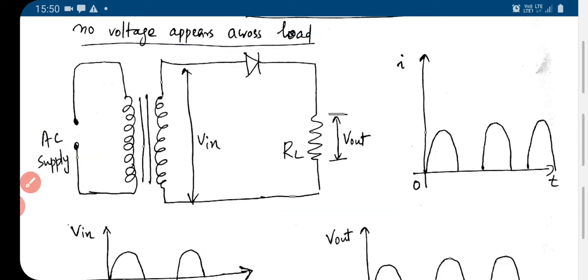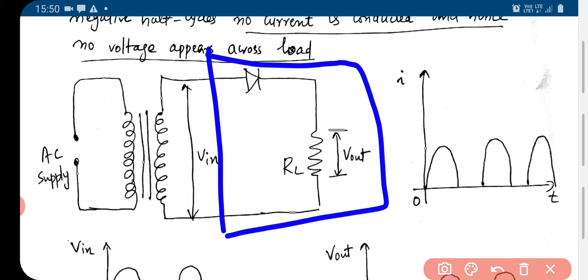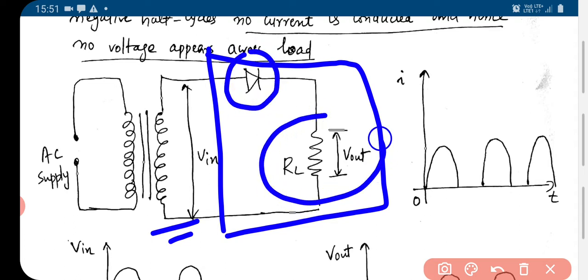So Vin is the input voltage to the rectifier, and we have a diode here and a load RL across which we take the output voltage.